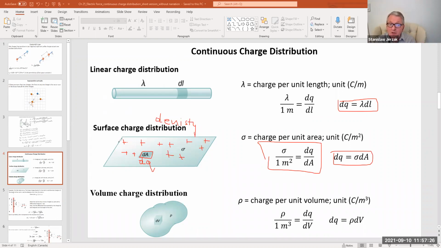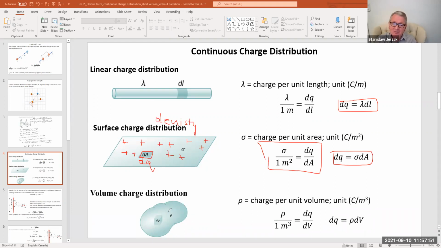But when we deal, let's say, with metal plates, like in capacitors, for example, then we will have to deal with that surface charge distribution. But there will also be situations when we will have to deal with volume of charge. So imagine that you have a certain volume, maybe a volume of plastic in which the charge is embedded.